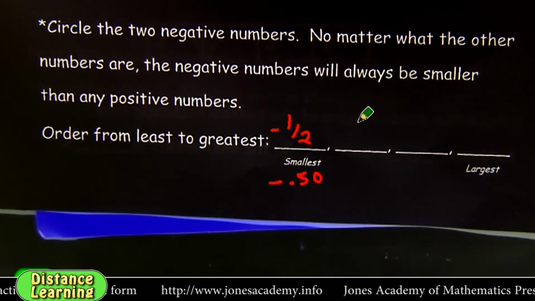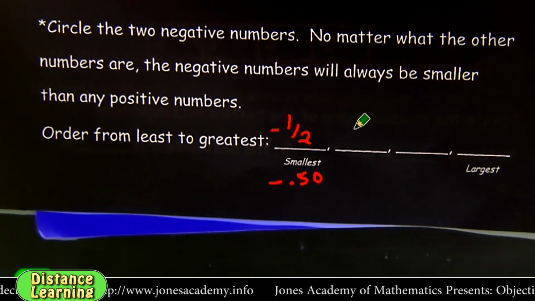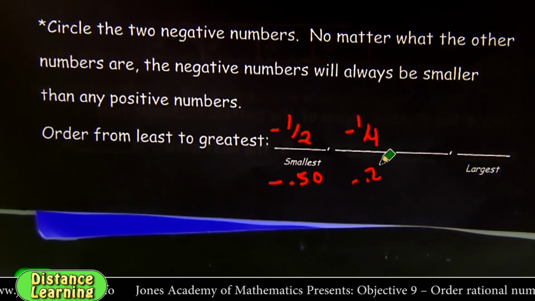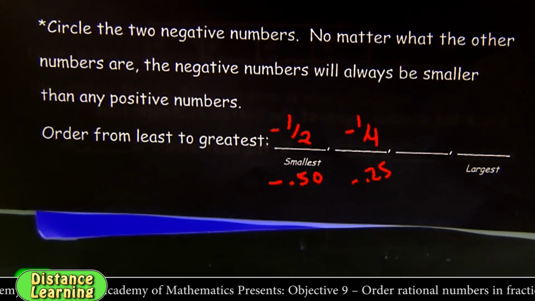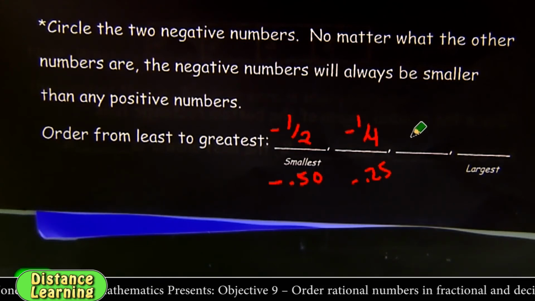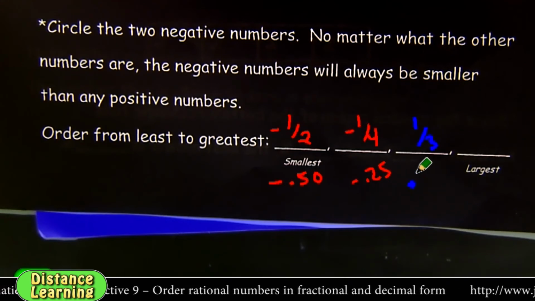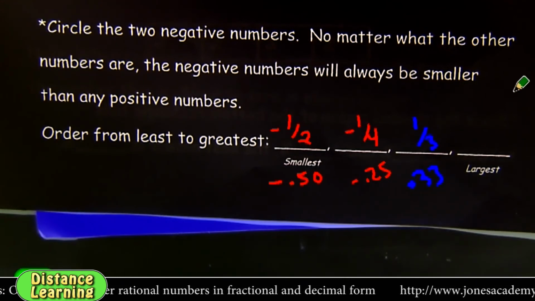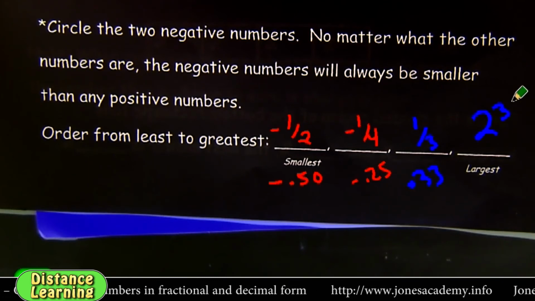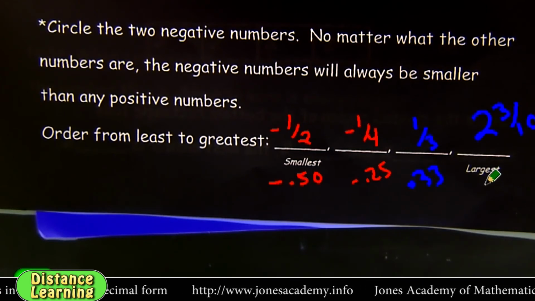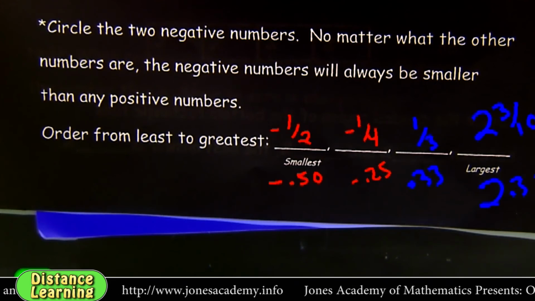You could put 0 in front. I didn't do it. This next one was negative 1/4, which was negative 0.25. Then we had positive 1/3, which was 0.33. And then we had 2 and 3 tenths, which was the largest one, which came out to 2.30.